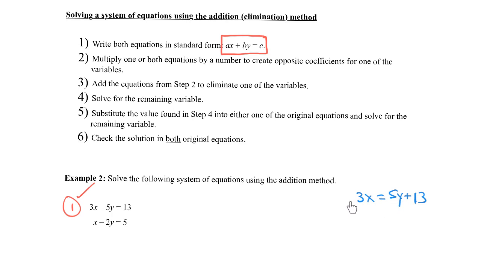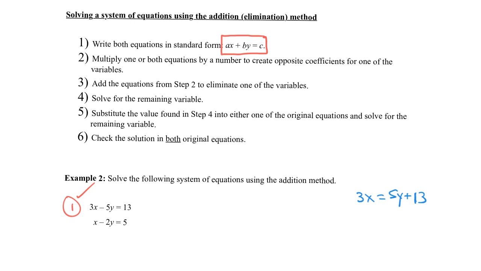We need the x and the y on one side of the equal sign and then the constant on the other. So if this equation were written this way, we'd have to subtract 5y from each side to put it in this form. Okay, so they're not always going to be in this form, but in this particular problem, it's already done. Step one is already done because we have both equations in standard form.